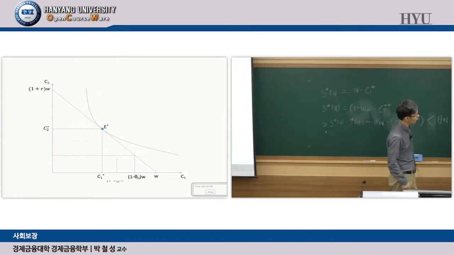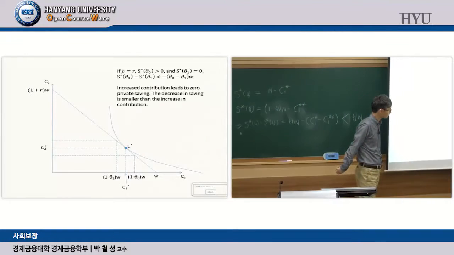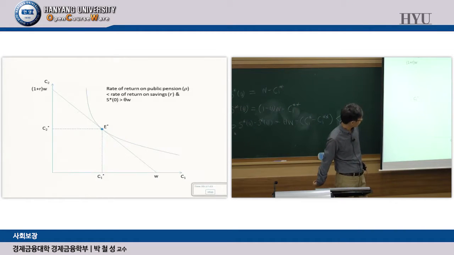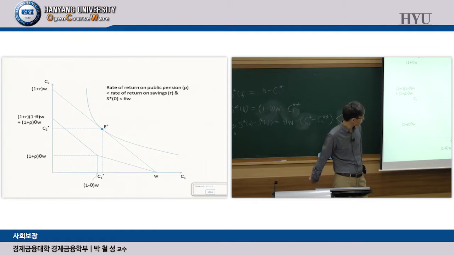Now what happens here is that even though this individual is the same spender, since the rate of return to pension is smaller than the rate of return to savings, the total wealth is going to be smaller. So this individual will now choose E2 star.